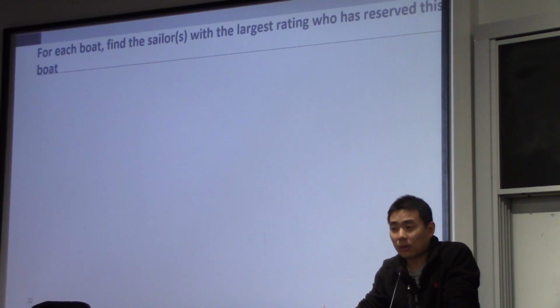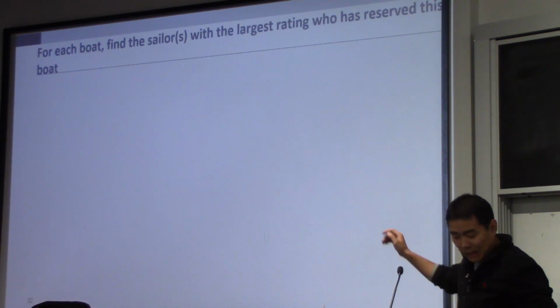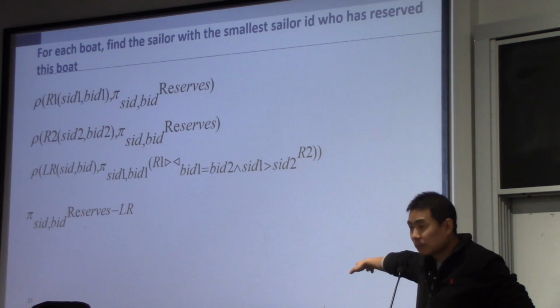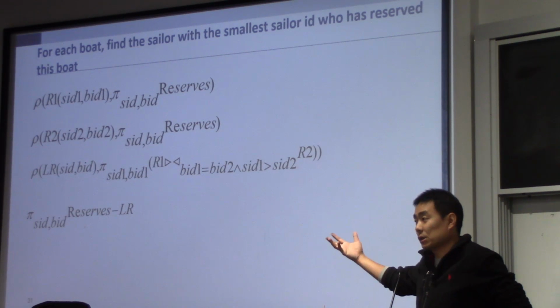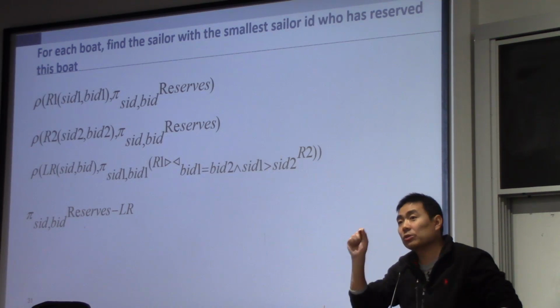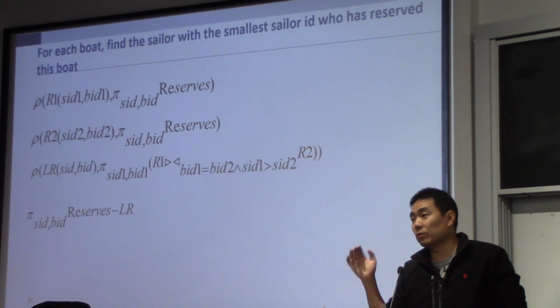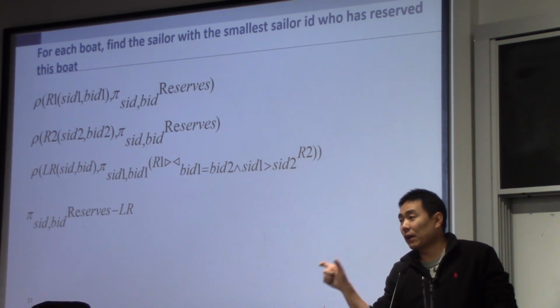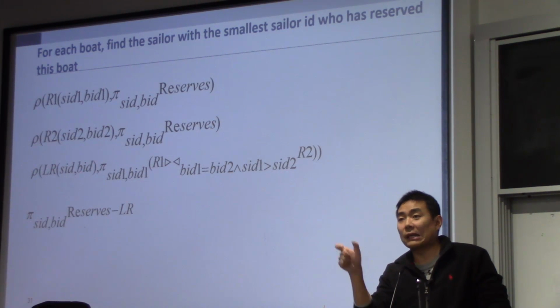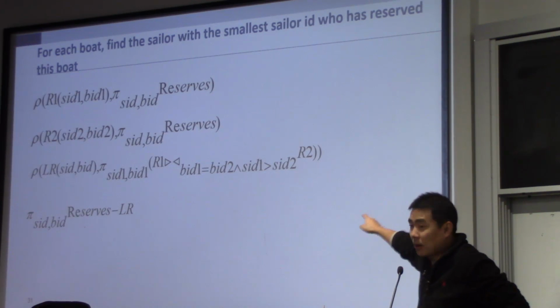And how do you do this? Well, exactly the same logic as what I have done here, except that you do this over ratings. But you also need to carry the sailor ID along the way, because rating is not unique enough to identify a record. So you need to use both sailor ID and rating, but do the comparison on ratings.